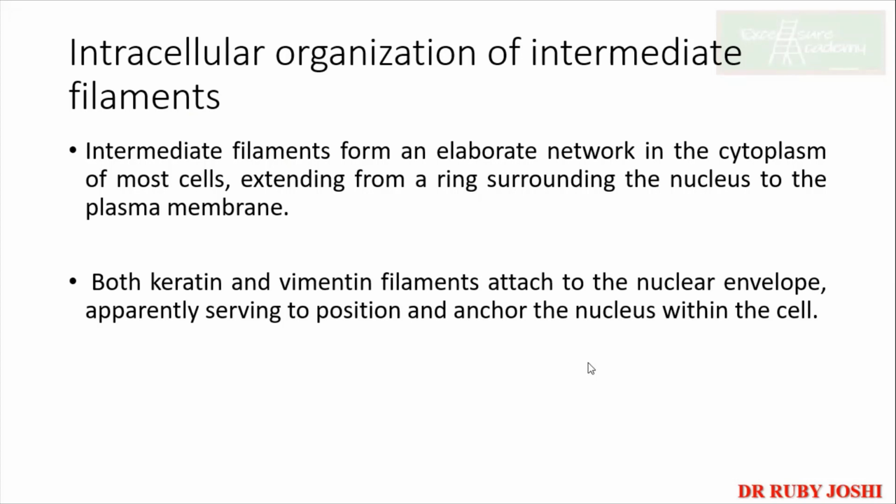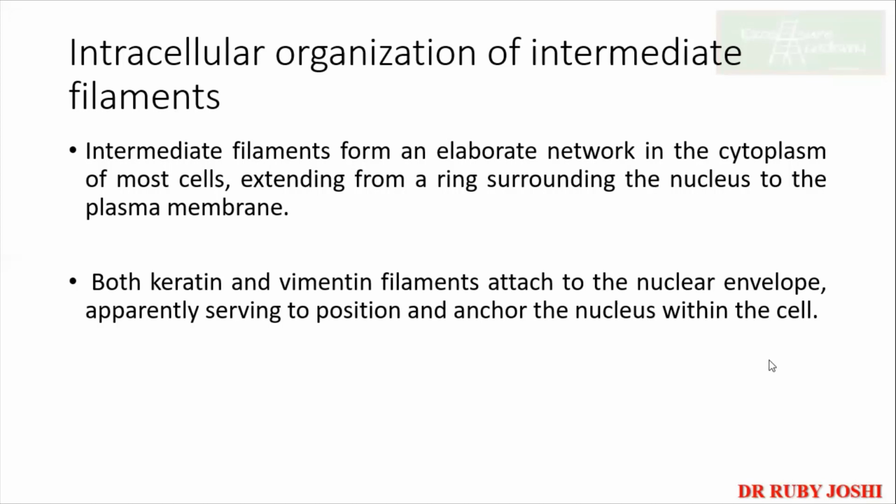So if the question comes like, what makes your nucleus attached to only one position or one localization inside the cell? The answer is that the keratin and the vimentin filaments are making sure that the nucleus is anchored in one place inside the cell cytoplasm.